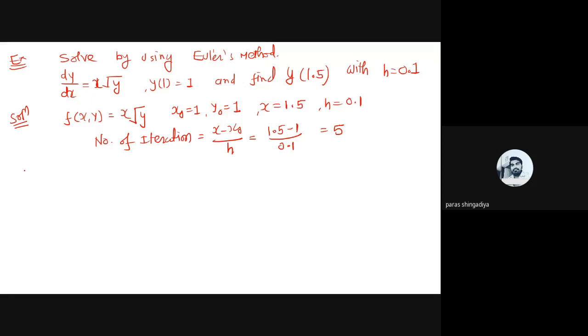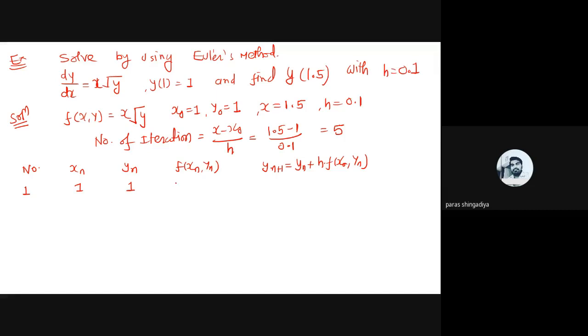Okay, so let us prepare the table. The number of iterations is the first column. Then the value of xn, the values of yn. Then the function value f of xn comma yn, and the final formula yn plus 1 is equal to yn plus h into f of xn, yn. First iteration, for n equal to 0, you have to write the values of x0, y0. So x0 is equal to 1, y0 is equal to 1.